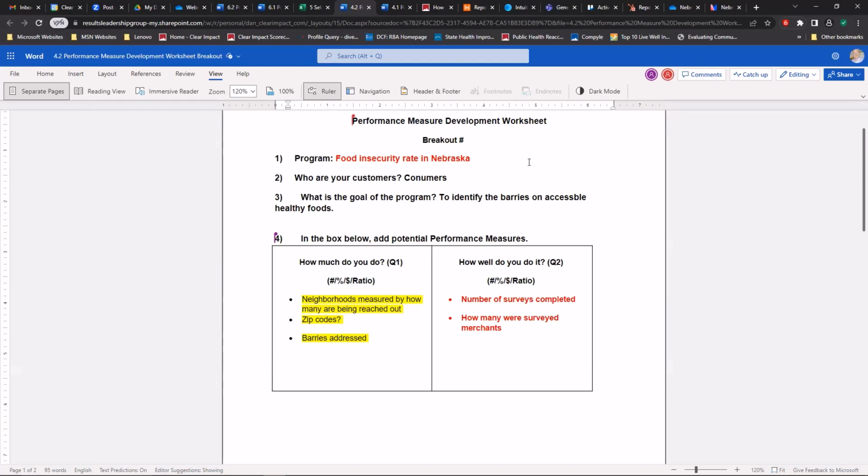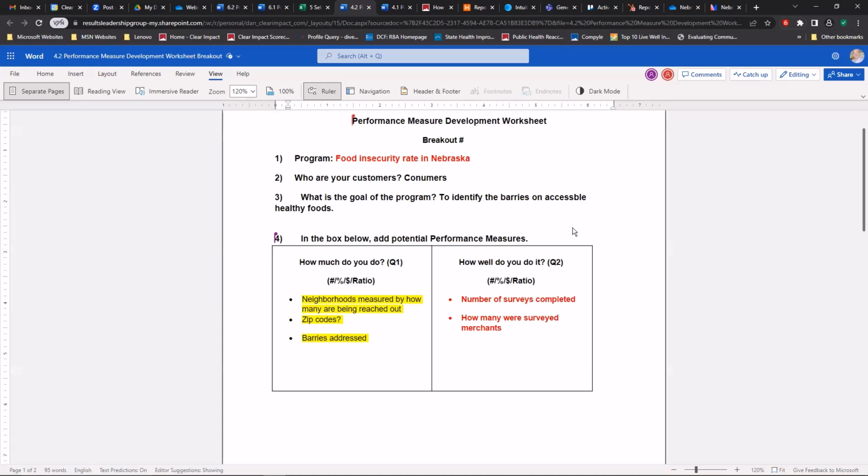I think our focus was the needs assessment, looking at the recommendations, identifying how we'll conduct a needs assessment. We identified consumers of the grocery store as overall customers. And our goal was to use the needs assessment to identify the barriers people have with accessing healthy foods.